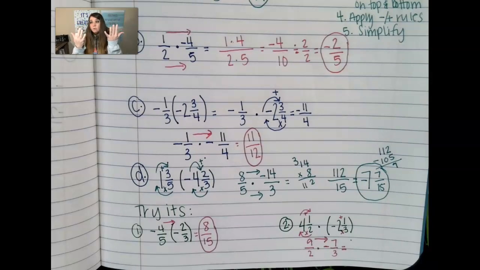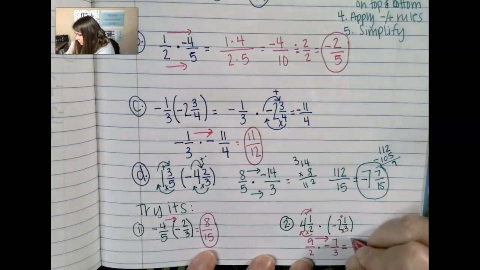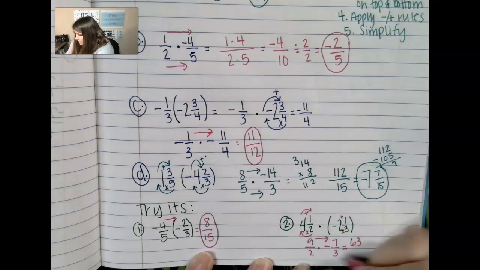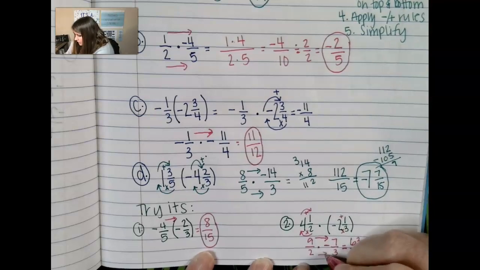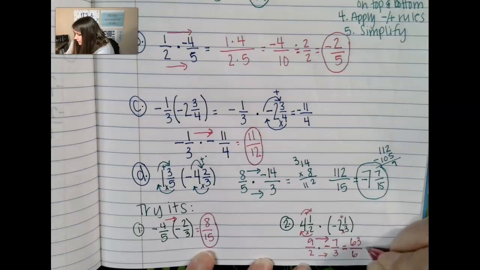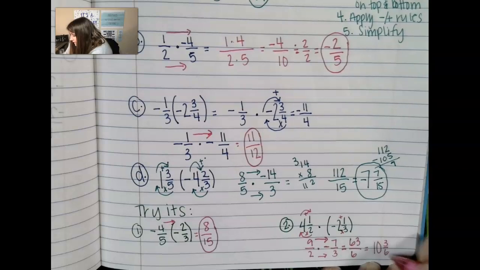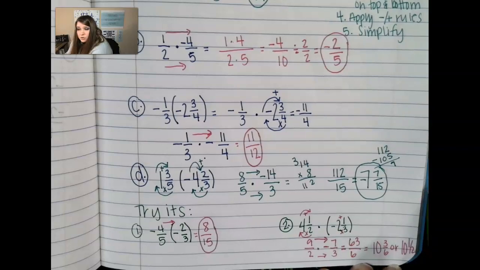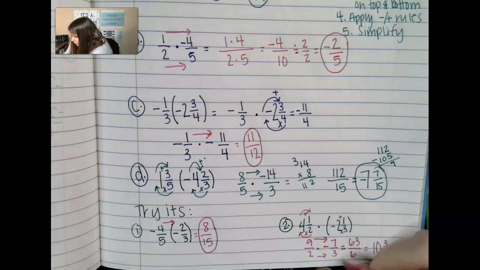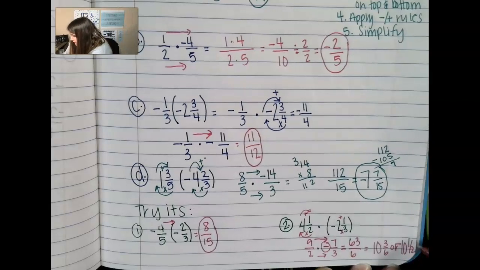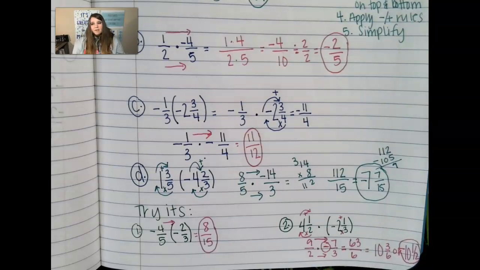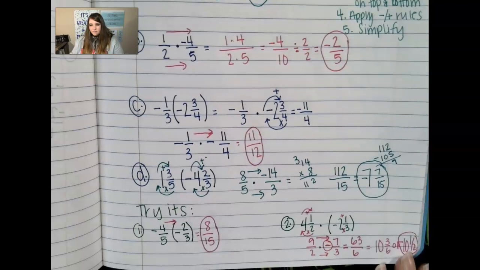If I hold down whichever one, that gives me 60 and 3. I didn't know if you guys knew that trick yet or not, but there it is. So 63. And then over 2 times 3 is 6. Now we can reduce this down to 10 and 3/6 or 10.5. We need to apply our negative positive rules. We have one negative sign. So this is -10.5. All right, how did you do on this problem here?